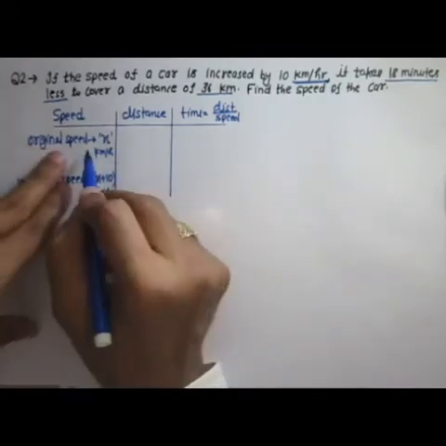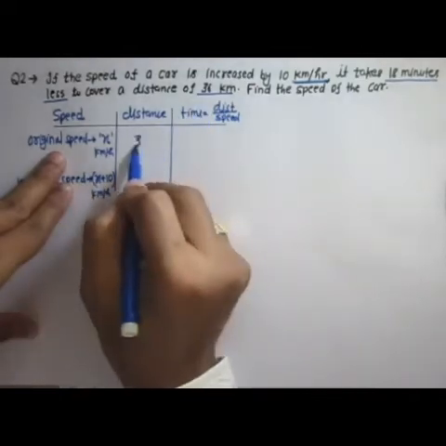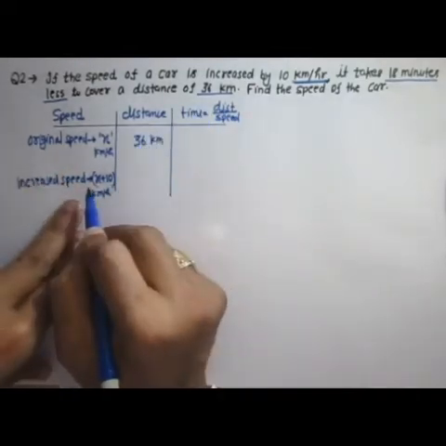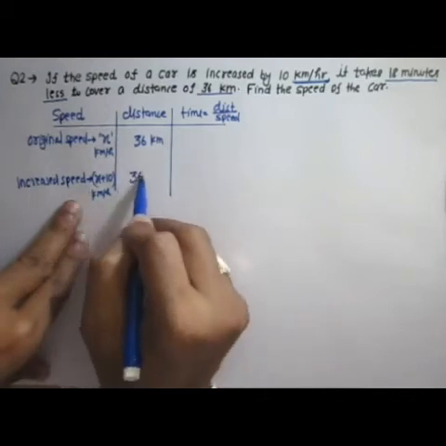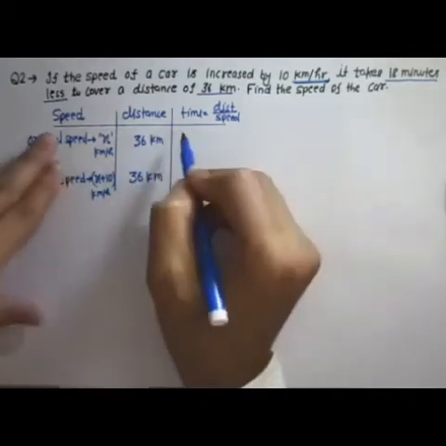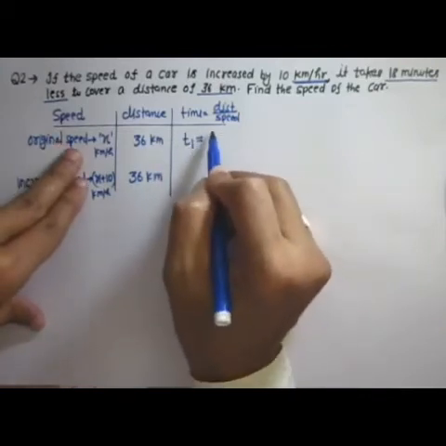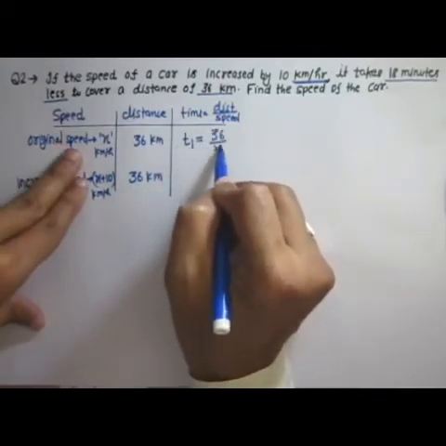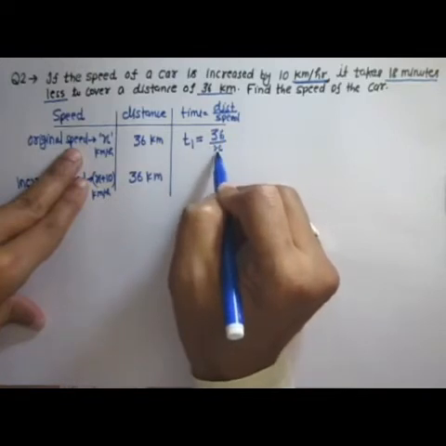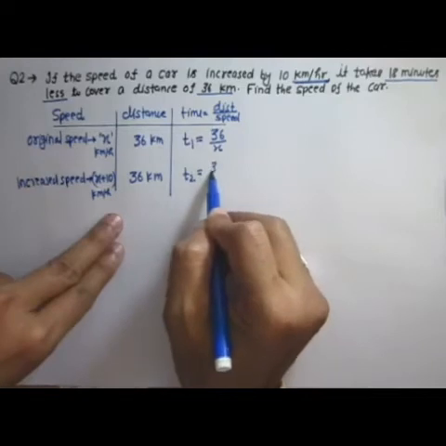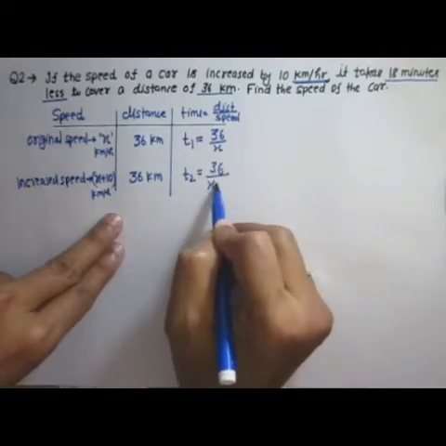Now with the original speed, the distance covered is 36 kilometer, and with the increased speed also, the distance covered is 36 kilometer. So time taken with the original speed is 36 by x. Distance is 36 and the speed is x, and here time taken is 36 by x plus 10.